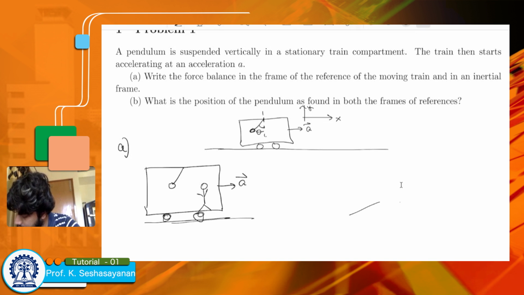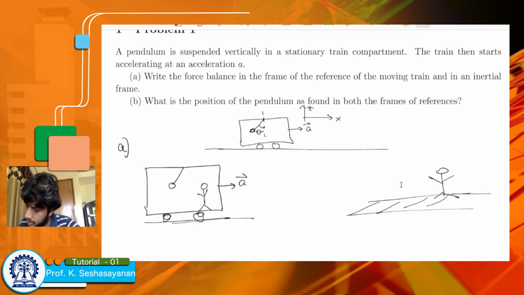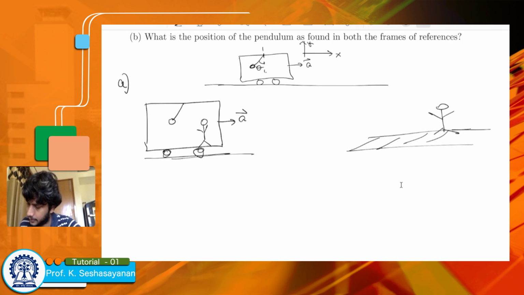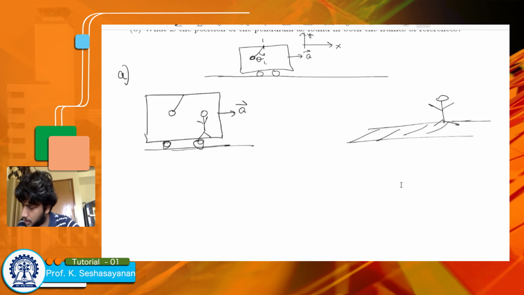And there's another person who is an inertial observer who's standing on a platform far away, observing that the pendulum is accelerating and also the train is accelerating with an acceleration A. So now we'll have to write down the force balance from the non-inertial observer. This person is the non-inertial observer, a non-inertial frame, and this person who's stationary is the inertial observer. So we'll have to write down the force balance in these two frames of reference.